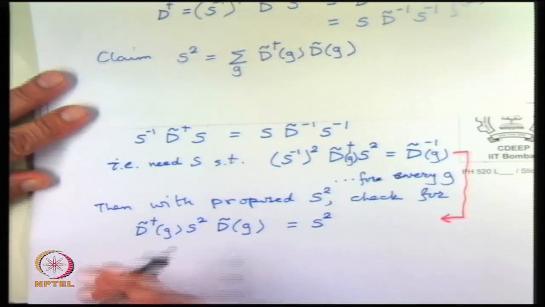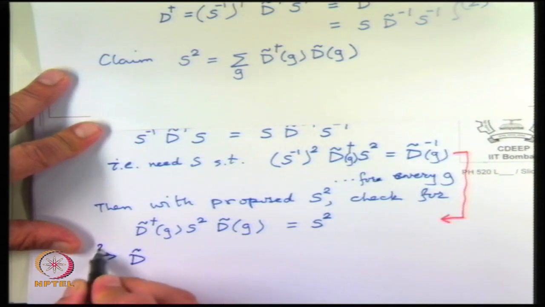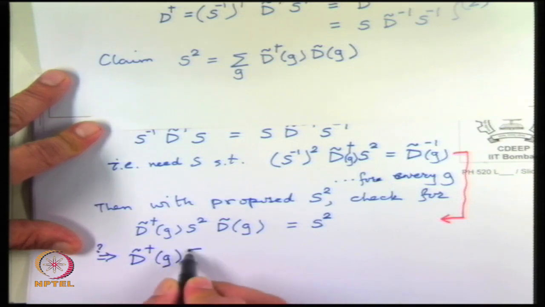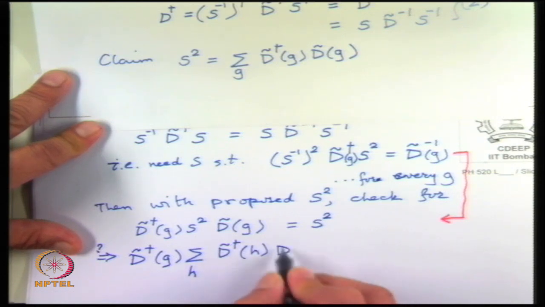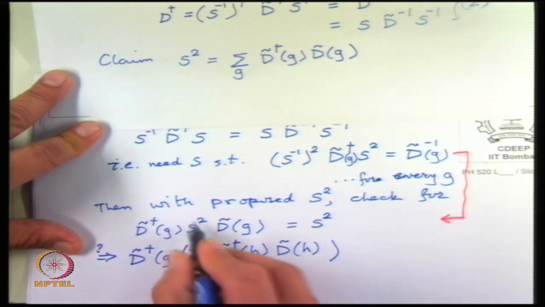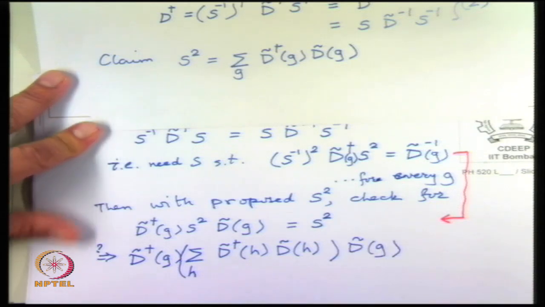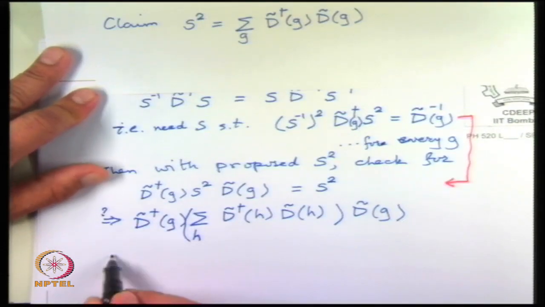So then the question is D tilde dagger G, and then let us say summation over H, and our proposal for this is D tilde dagger H D tilde H. So we substituted S squared and then put D tilde G. Now we take the D G inside.